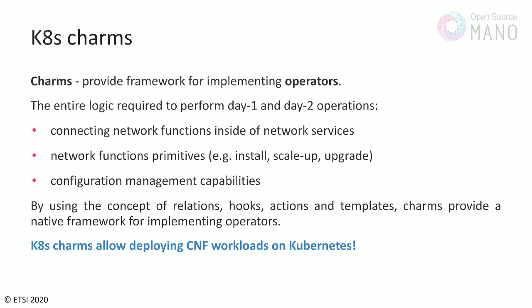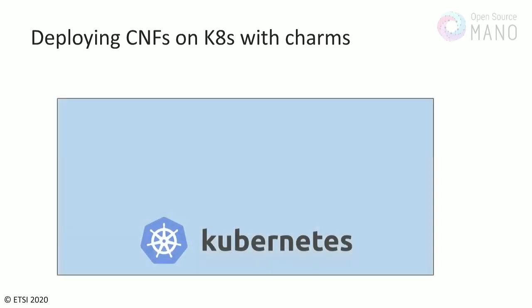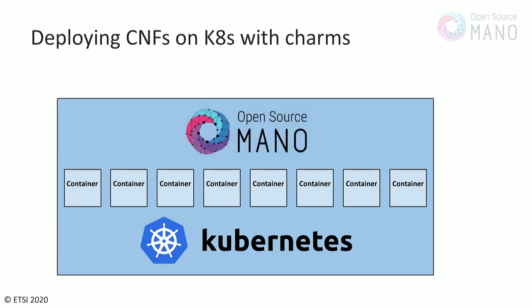So now in the following part, we're going to see how charms are being used to deploy container network functions on top of Kubernetes. And just to briefly explain this process, we start with Kubernetes itself. It obviously provides containers. And on top of Kubernetes, we install OSM.